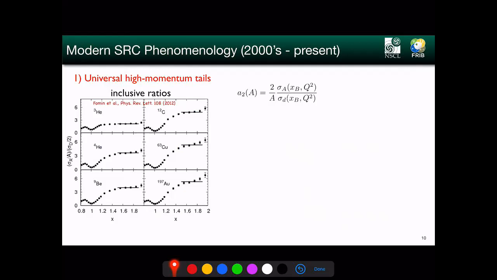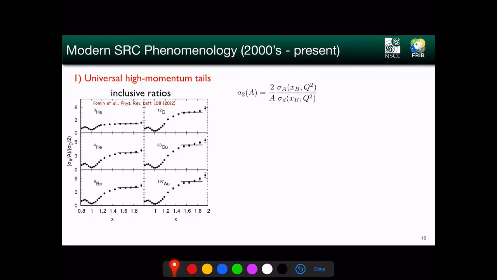Okay, so the first thing is that when you do these inclusive quasi-elastic cross-section ratios, what you find is that for a region of Bjorken X, you get these plateau behaviors. This is what's being plotted: the ratio of the A-body inclusive cross-section over the deuteron, scaled by the particle number.